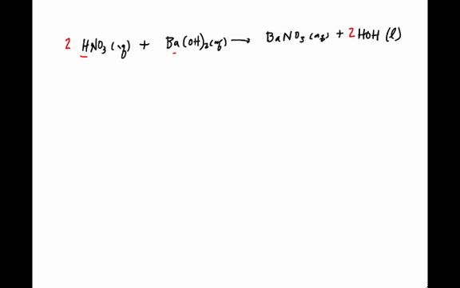Now I'm already noticing a little mistake I made, and this is okay. If you notice the mistakes, go back and fix them. I didn't balance the charge here. That should be balanced because barium is a +2 charge, and nitrate is a -1 charge. So I had to have two nitrates to balance the formula, so that's why I'm not putting a 2 in the front. So there's a complete balanced equation.